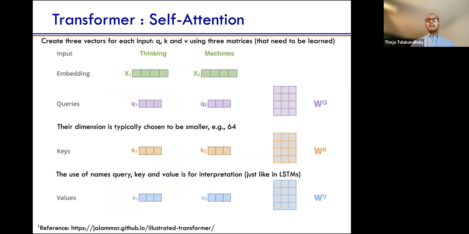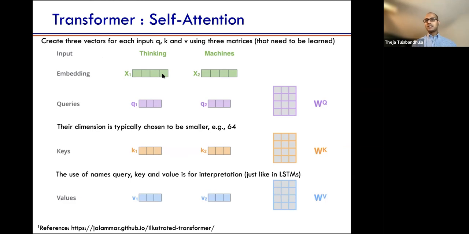So let's now talk about how Z1, for example, depends on both X1 and X2, or how Z2 depends on both X1 and X2. We'll tease it down at the level of matrices and vectors. Let's say we're the first encoder unit, and we have X1 and X2 passed as inputs. The original input was "thinking machines", the English words.